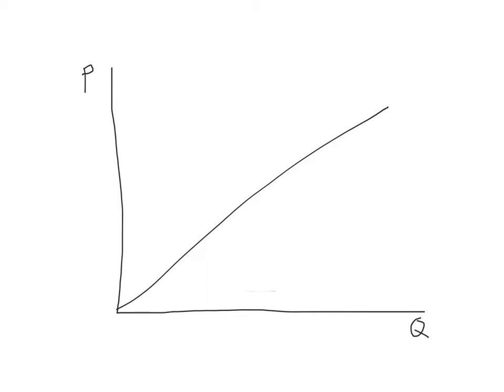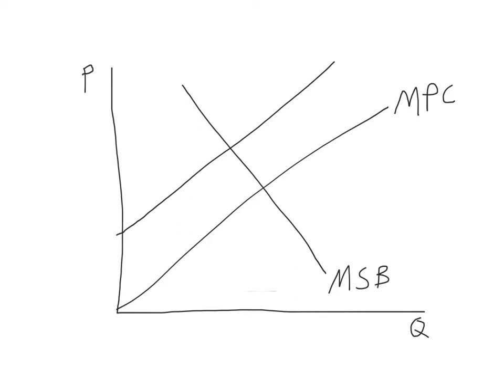Here's supply, or in this case known as the marginal private cost, and your demand, in this case the marginal social benefit, and then the marginal social cost.